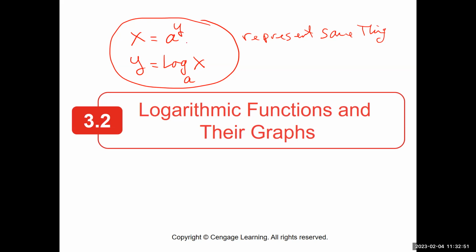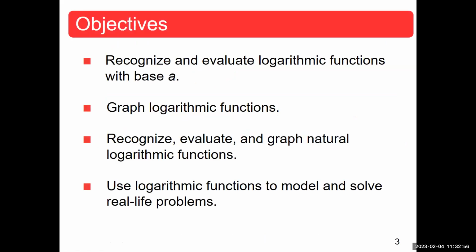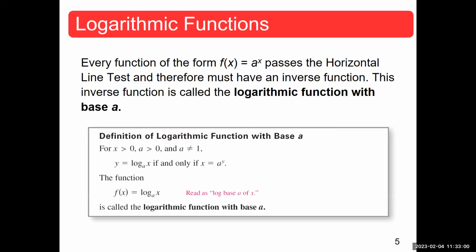Here we say exponential, here we say logarithmic function. For the logarithmic function, we have the same restrictions: x must be greater than 0 and a must be greater than 0.